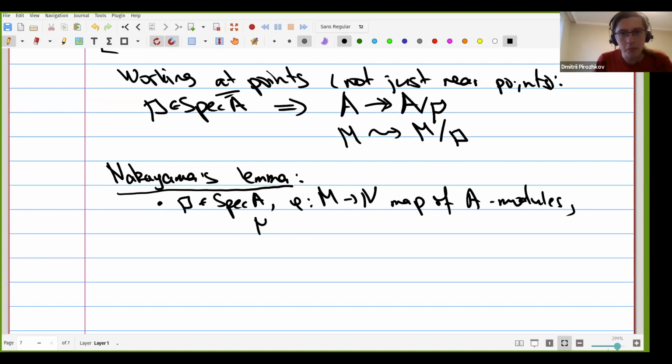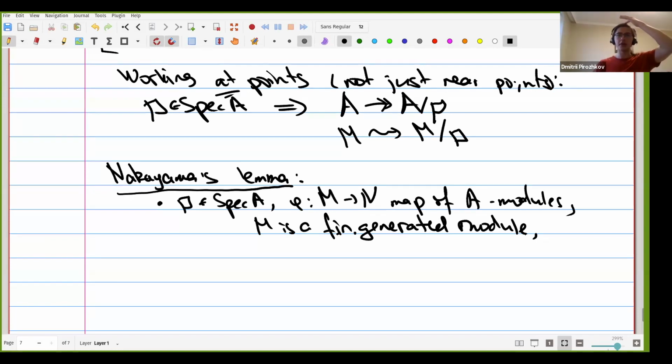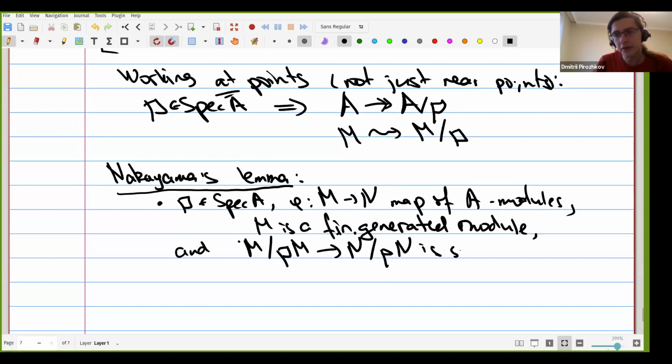And M is a finitely generated module, which means that there exists a finite set of elements, so that the smallest module that contains them is actually M itself. And assume that the induced map M modulo Pm to M modulo Pn is surjective.